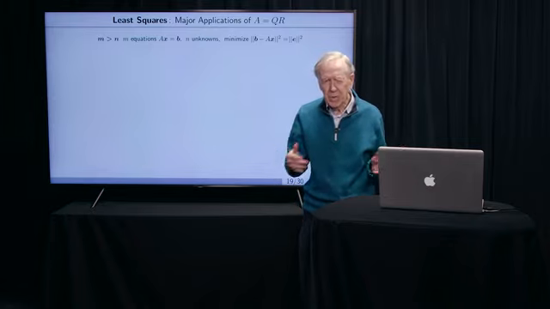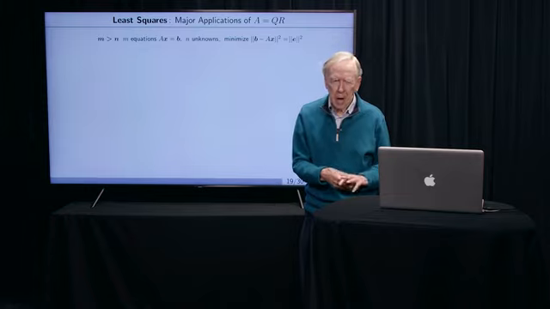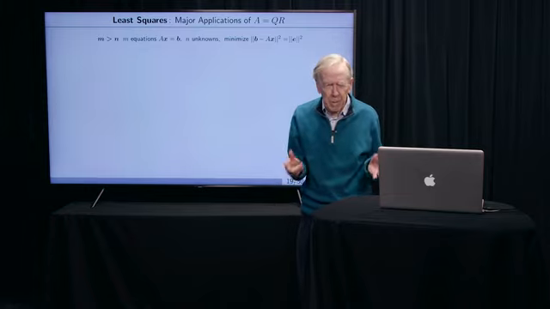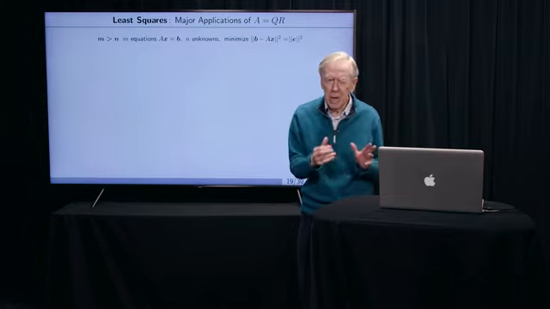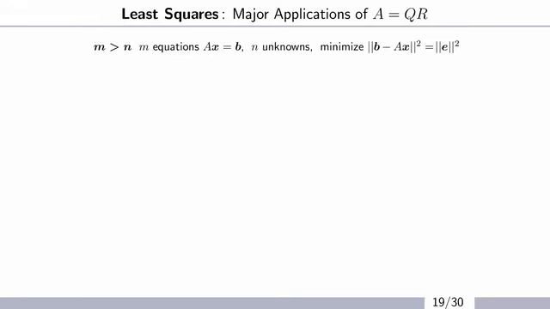So how am I going to solve 2,000 equations with 2 unknowns? Well, I'm not. But I'll look for the best solution. How close can I come? And that's what least squares is about. You get Ax as close as possible to b.